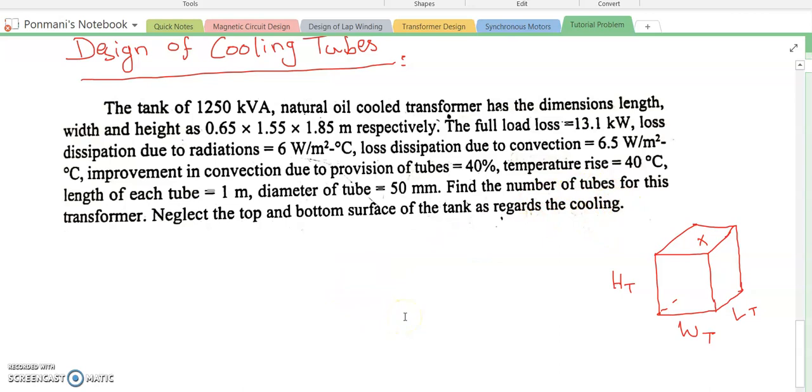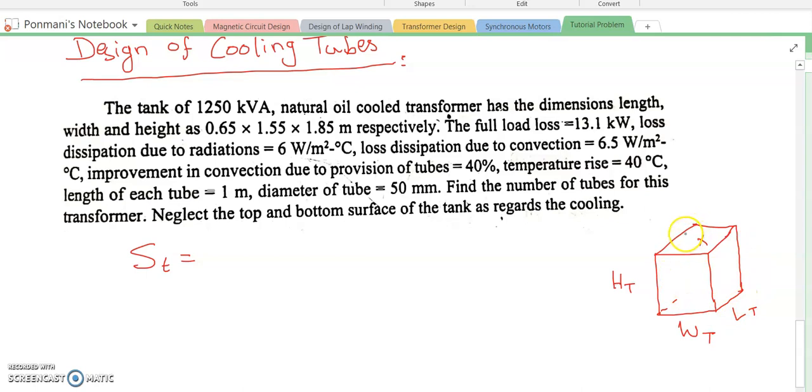For that, first we have to calculate the total surface area, ST. So total surface area of the tank includes all the 6 sides, but out of 6 sides only 4 sides we are going to calculate. So let us consider this as the first side. 2 sides of height and width is the area of cross section, and on the other side height and length. Like that there will be 2 sides.